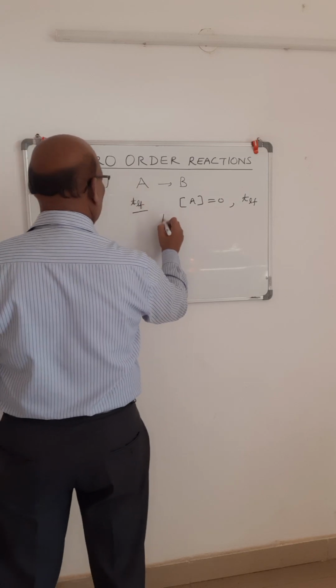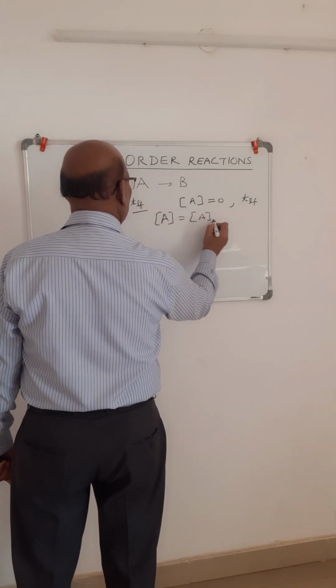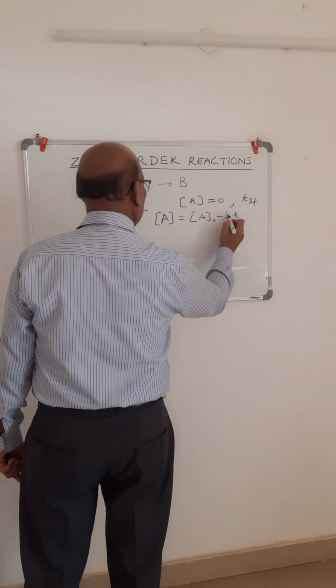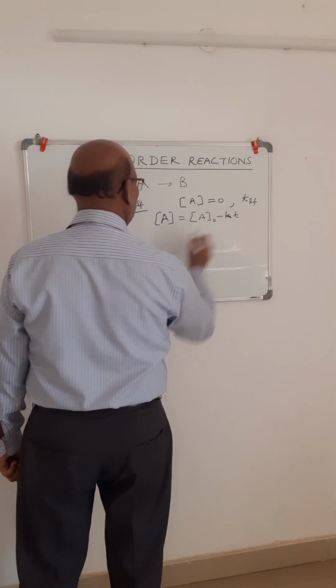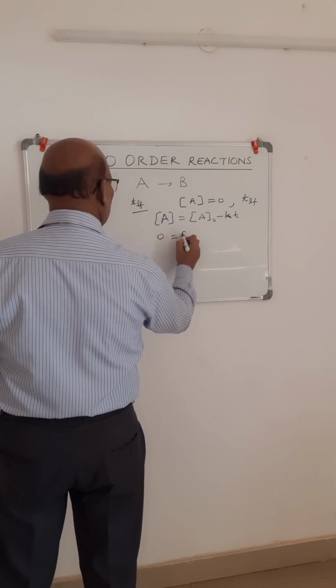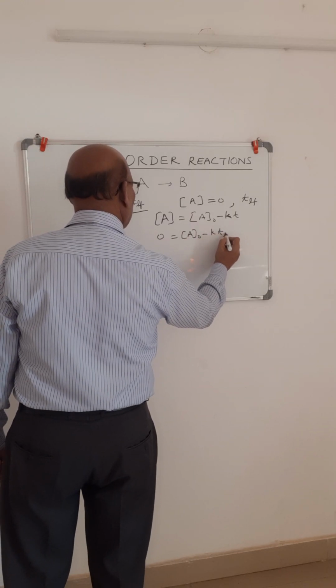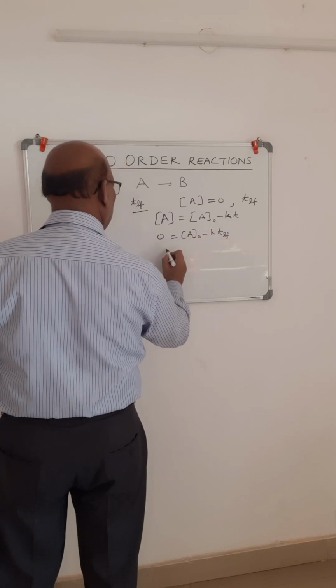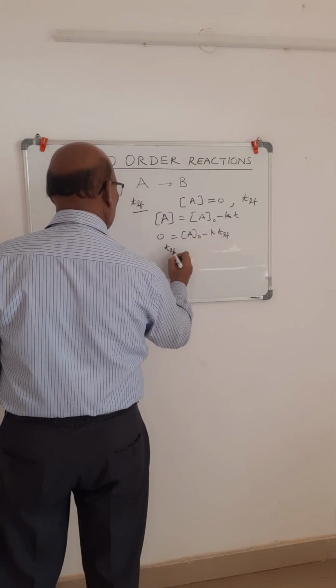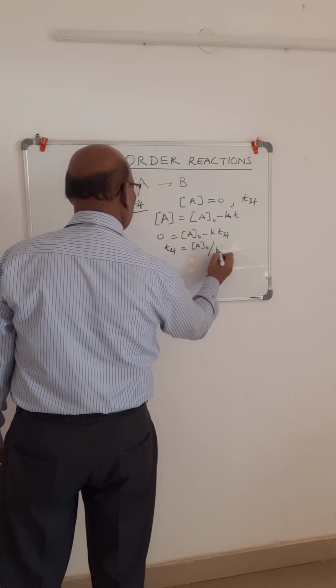So let us write the same equation, that is A equal to A naught minus Kt. This is our integrated rate law. Now I will put concentration of A as 0 equal to A naught minus K into t lifetime. So t lifetime for zero order reaction will be equal to A naught by K.